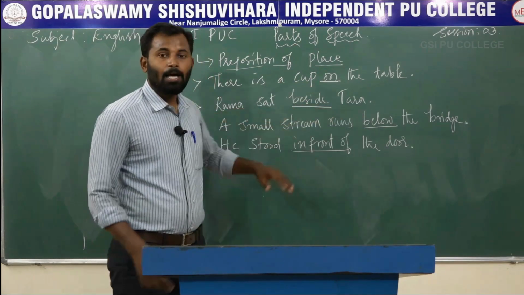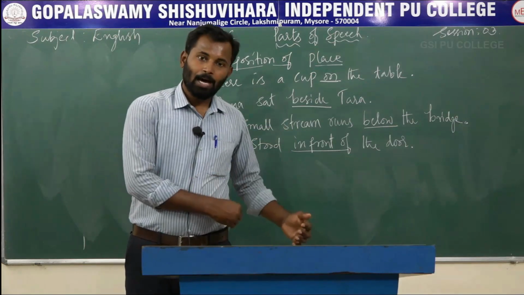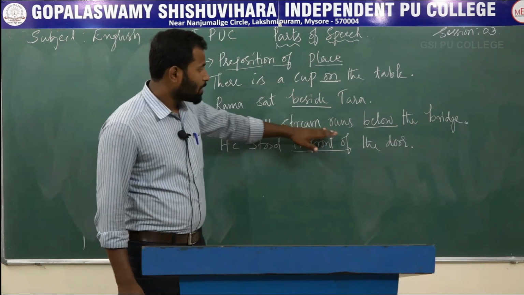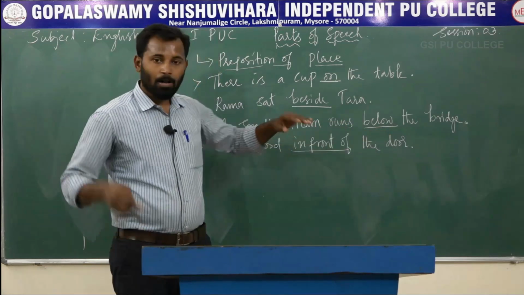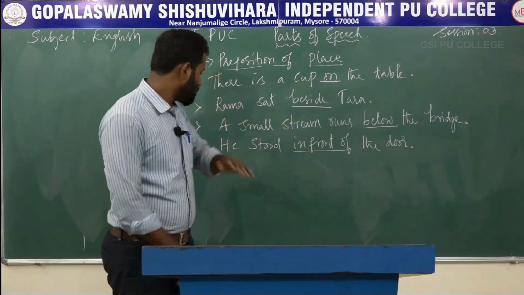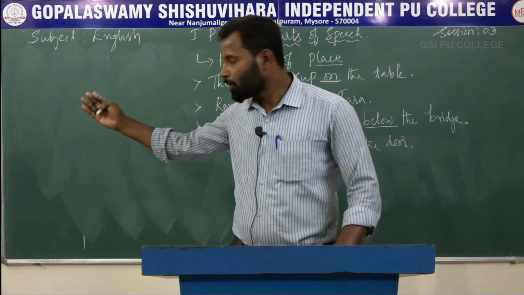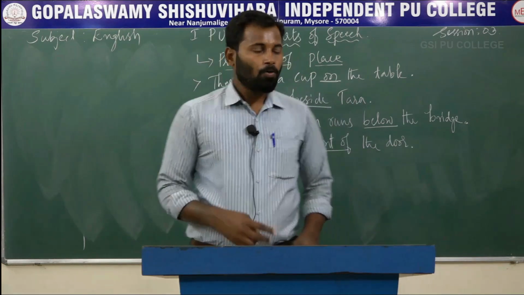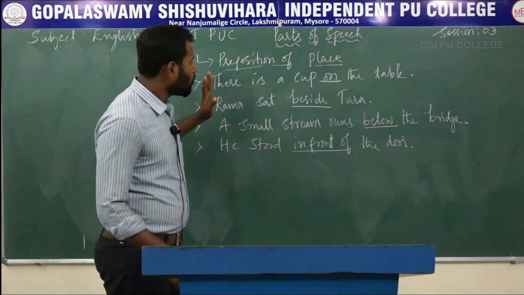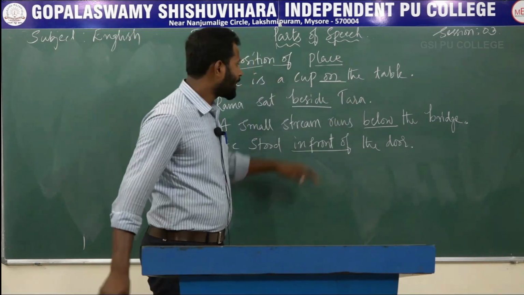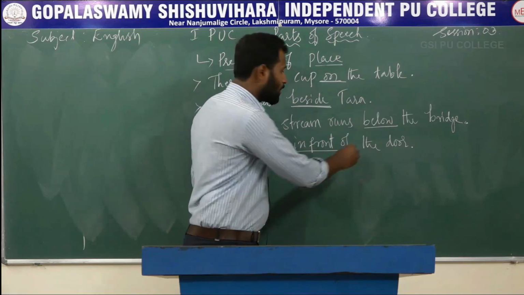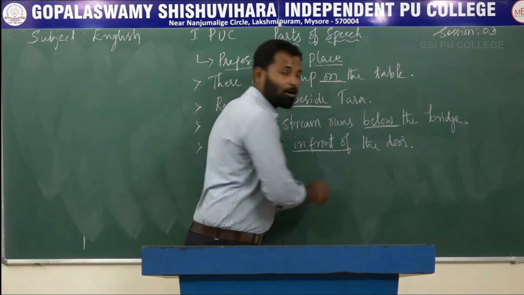Where did Rama sit? Rama sat beside Tara. Next, a small stream runs below the bridge. And he stood in front of the door. Where did he stand? He stood in front of the door. Now, you have four examples. You can observe the prepositions like on, beside, below, and in front of.